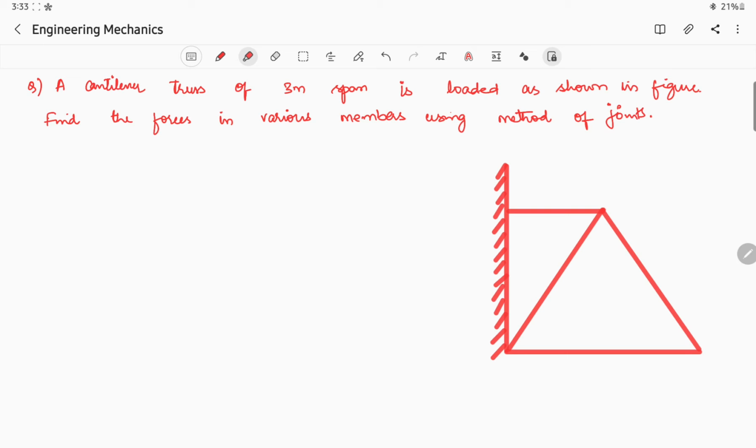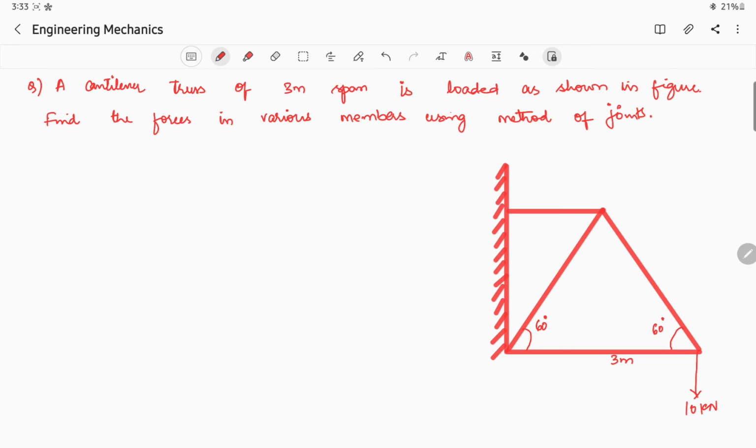So always remember, cantilever is fixed at one end and free at other end. This is 3 meters. This angle is 60 degrees, another angle is also 60 degrees, and we have here one point load of 10 kilonewton. So we have to calculate the forces in these members.